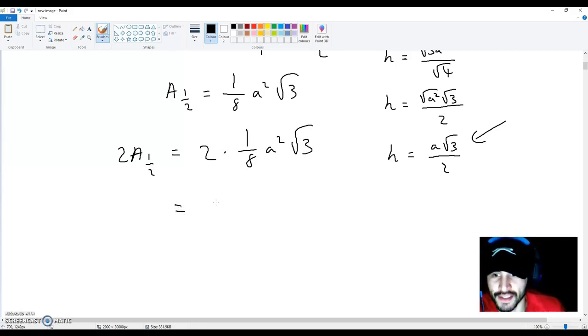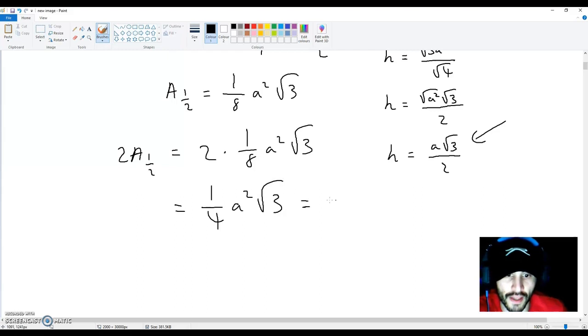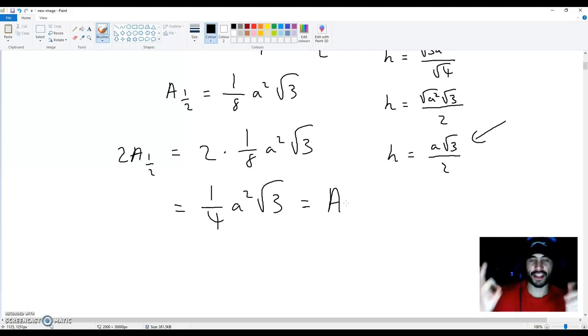And this leaves us with a quarter multiplied by a squared multiplied by root 3, which is the entire area of the equilateral triangle. And this result over here can be found on Google. If you search for the area of an equilateral triangle on Google, you're going to find this formula right over here.